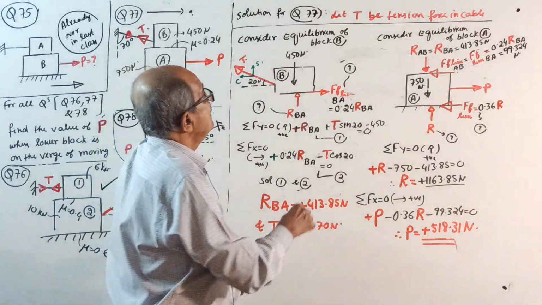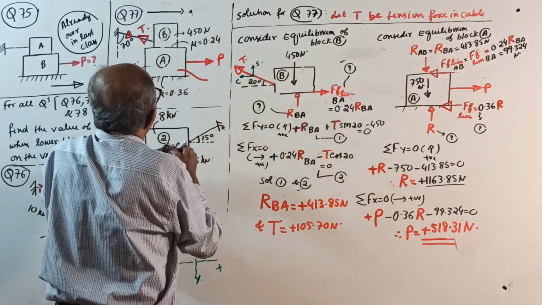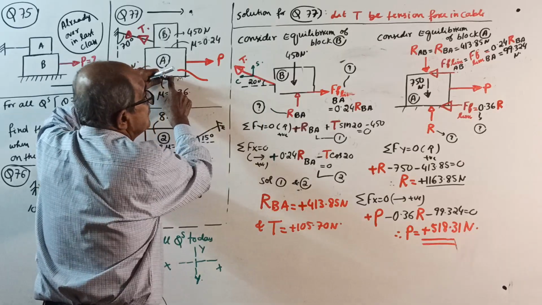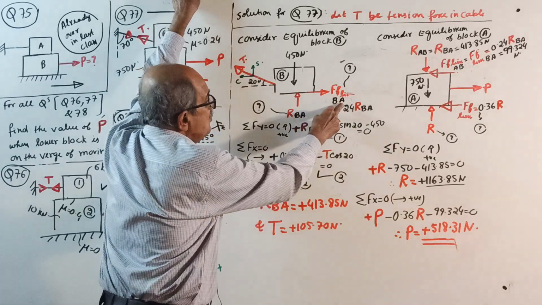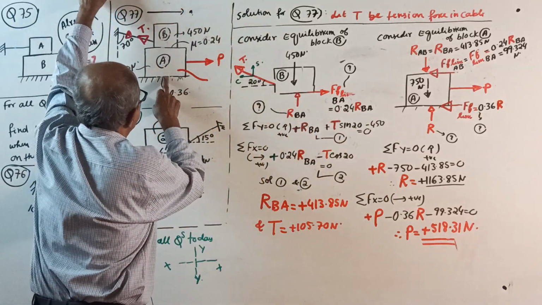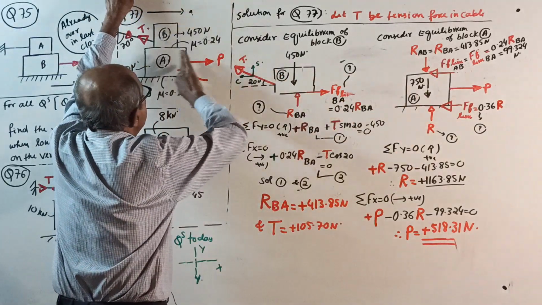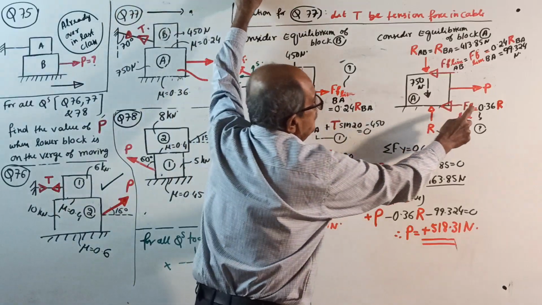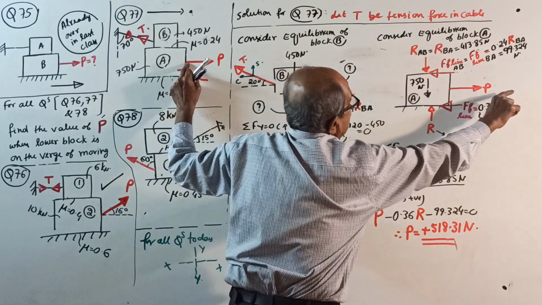Okay, then equilibrium of block A, this block now. At the base, you have normal reaction R. Going to the right side, friction is left side, 0.36 into R. P is horizontal.